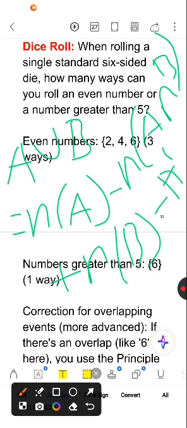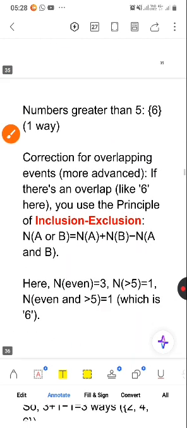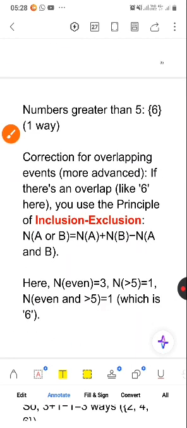So basically, anytime you have a scenario where there's a number that can be found in the two events, you use this formula. So let's see how we can apply that. This is a typical example. We call this type the inclusion-exclusion principle.